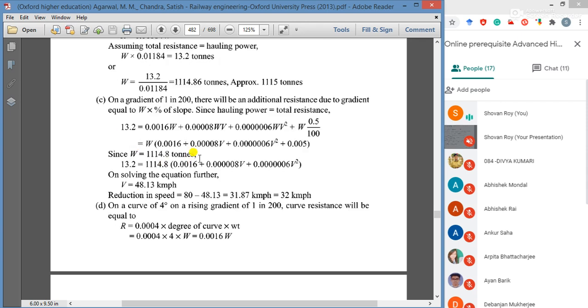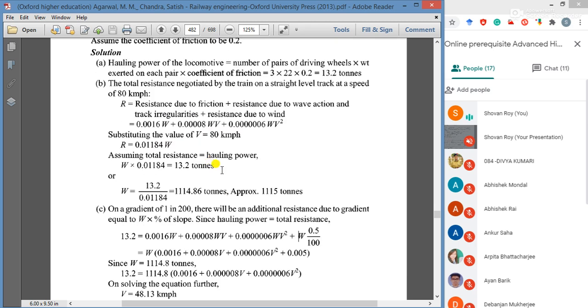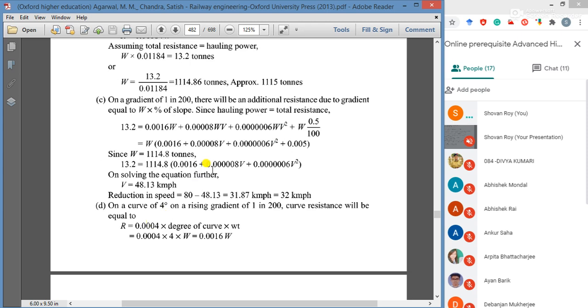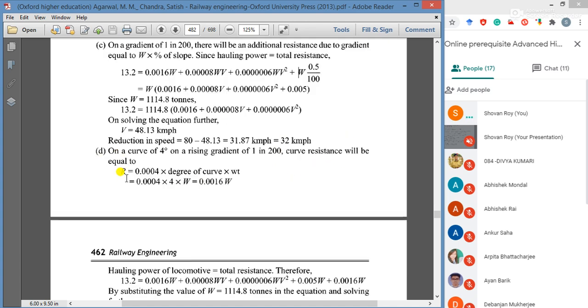Already a number of resistances are there, but additionally, when the resistance due to gradient is introduced, what would be the velocity of the vehicle is important. So when the W value is available, now from this equation we can calculate the V value.